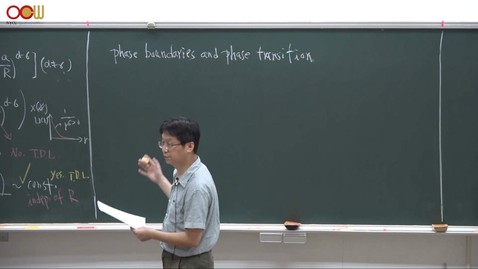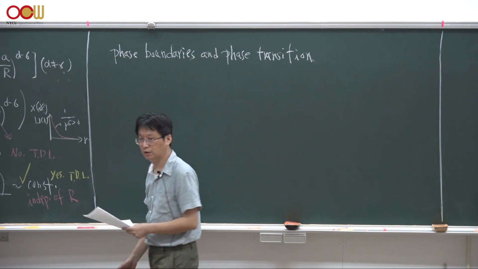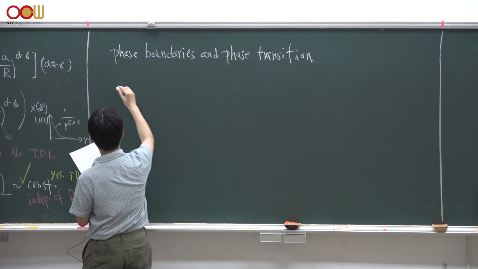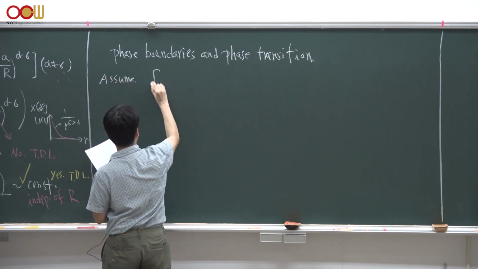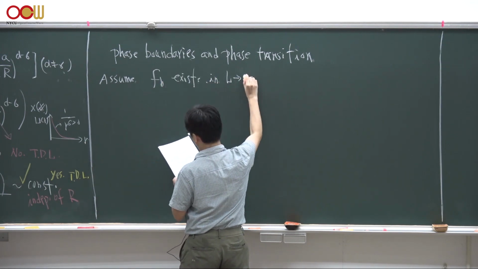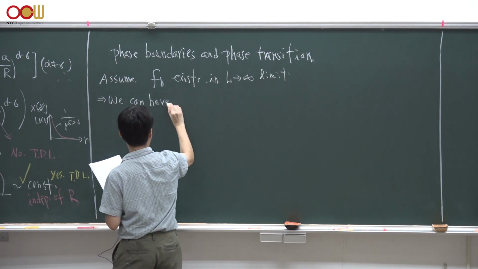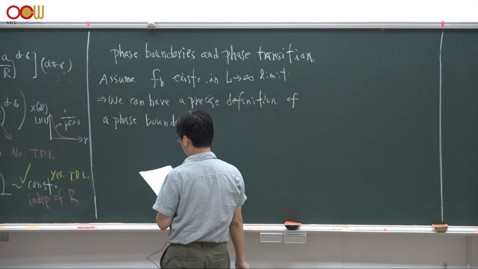We could define those phase boundaries and critical points in a more mathematical way. So assume that this FB exists in the thermodynamic limit when L goes to infinity. Then we can have a precise definition of a phase boundary in the parameter space.